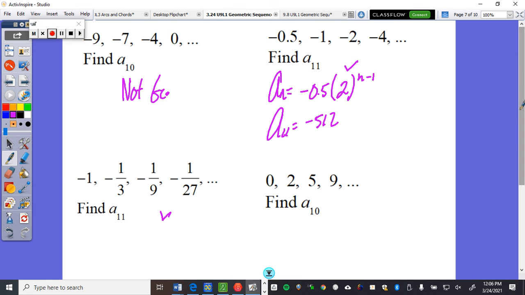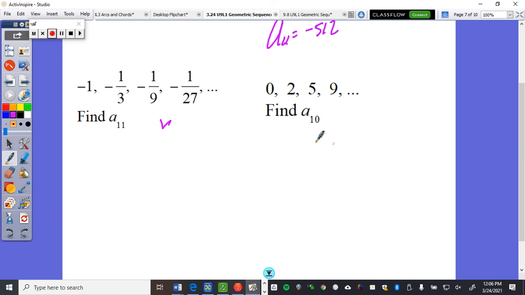What'd you get for this one? No, look. First term, negative 1. Ratio, 1/3. And we're doing this to the 10th power, right?